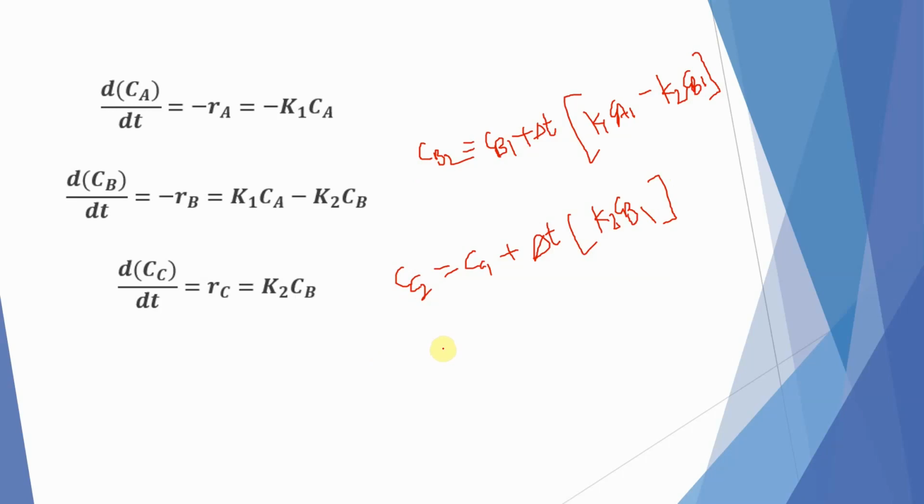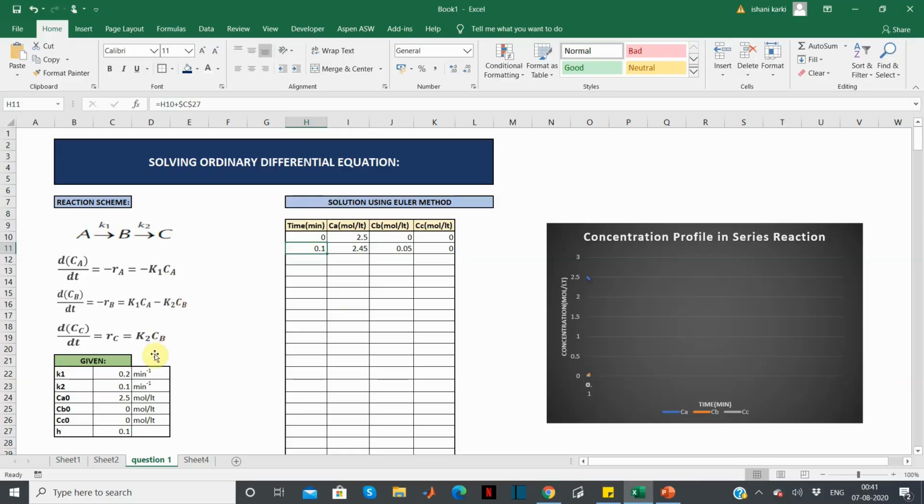Now we will move to Microsoft Excel so that we can see the solution as well as plot the curve. So all the three equations are here and the given values also I have written. Now we will make a table so that it's quite easy to visualize things, and we'll plot graph also.